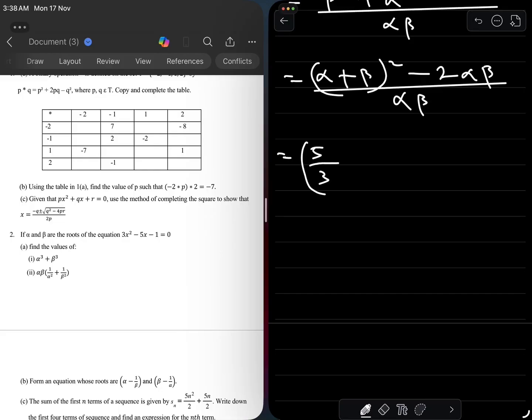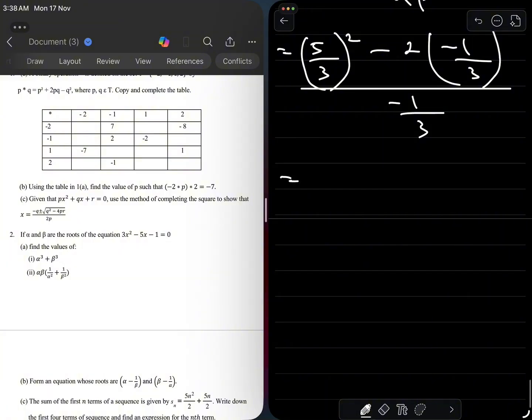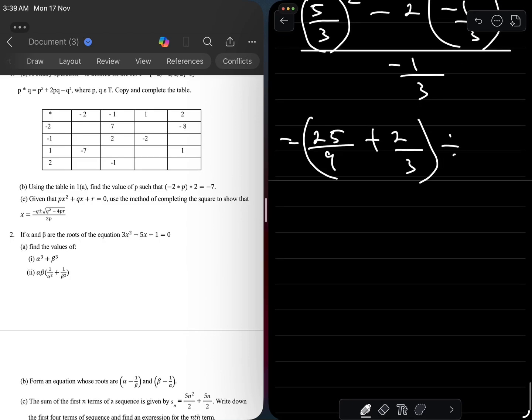And that's equal to, alpha plus beta is 5 over 3. That's 5 over 3 all squared minus 2 into brackets alpha beta, which is minus 1 over 3, divided by alpha beta, which is minus 1 over 3. And that simply means 25 over 9 plus 2 over 3, divided by minus 1 over 3.